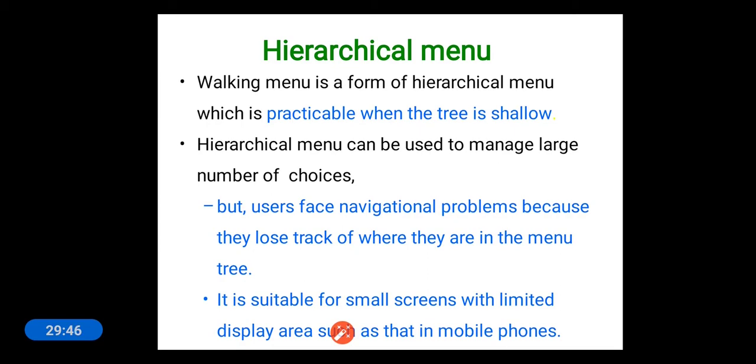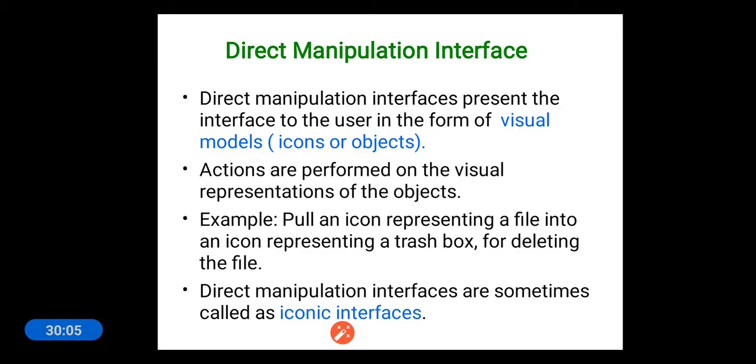Okay, but the drawback is we may forget, like we may lose track of where we are in the current menu tree. Generally it is suitable for small screens with limited display area, such as that in mobile phones. So in our mobile phones, whatever menu interface we are seeing is a kind of hierarchical menu.